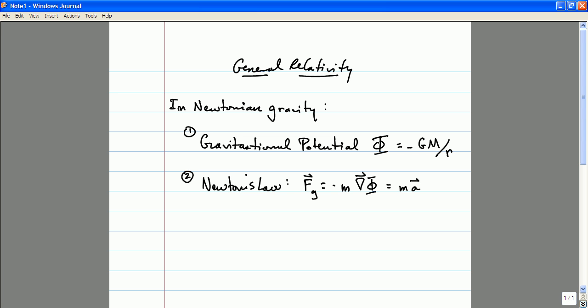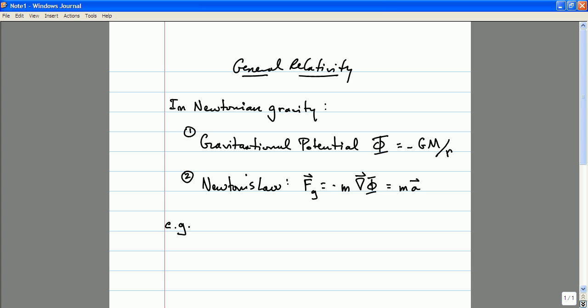Here, little m is the mass of the object whose motion we're studying, and big M is the mass of the object which creates some gravitational potential. If we were studying the orbits of the planets, for example, big M would be the mass of the sun, r would be the distance from some planet to the sun, and little m would be the mass of one of those planets.